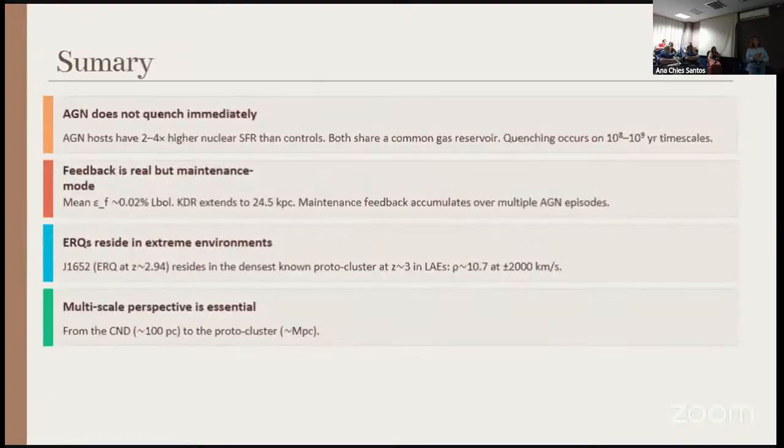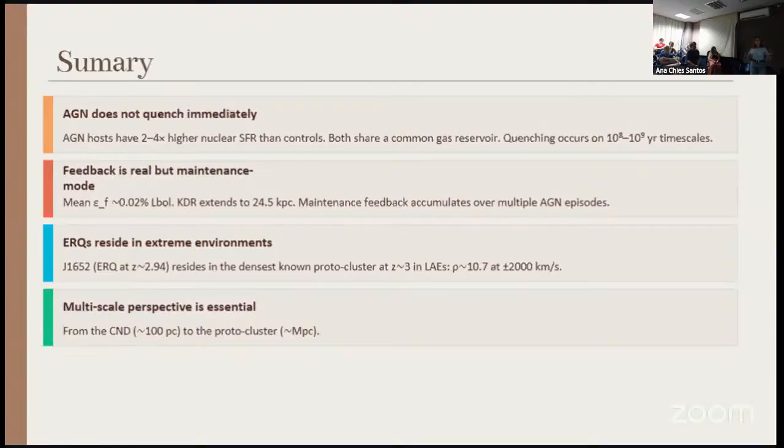The summary: AGN does not quench immediately. AGN hosts have higher star formation than the control sample. Both share the same gas reservoir, the gas that accretes onto the supermassive black holes also engages the star formation rate.